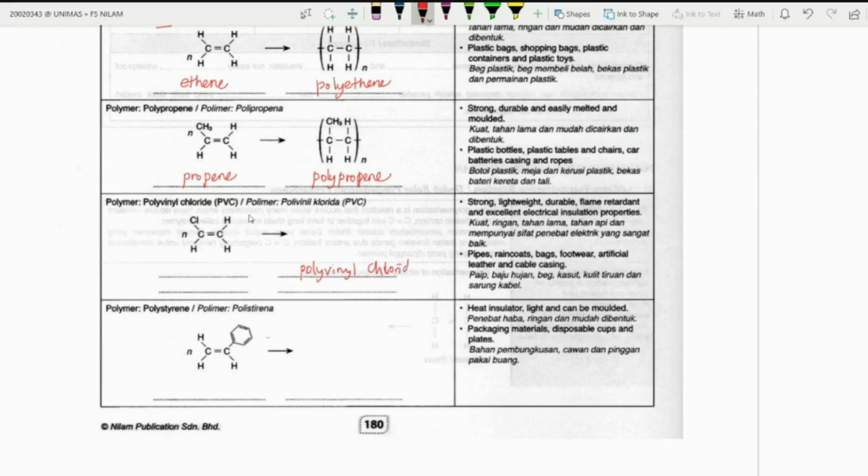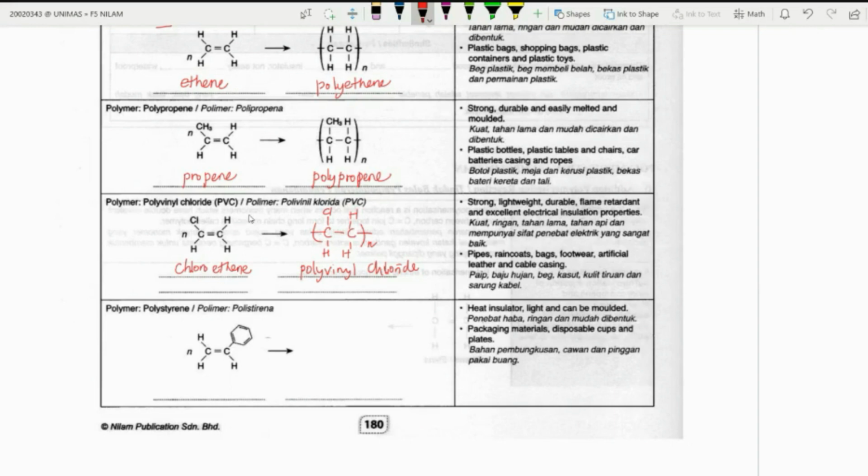Then how about the monomer? Chloroethene, yes. Okay, so polyvinyl chloride. Just now we learned already. We follow the one given there: if Cl is put here, you just put it here. And the n, we follow it too, okay, class.